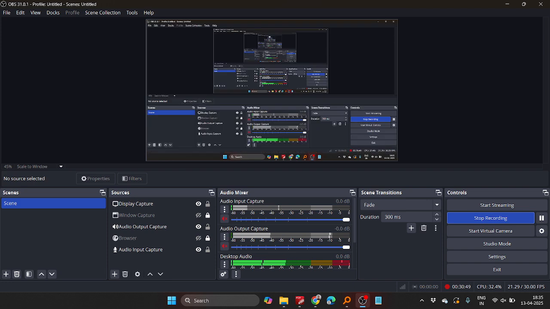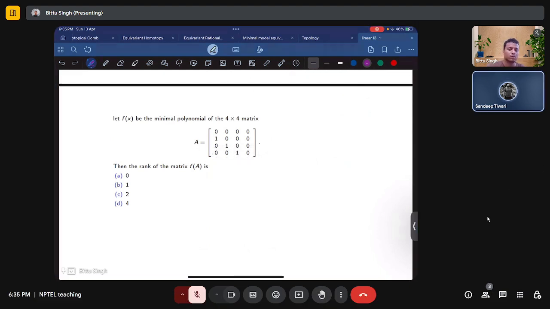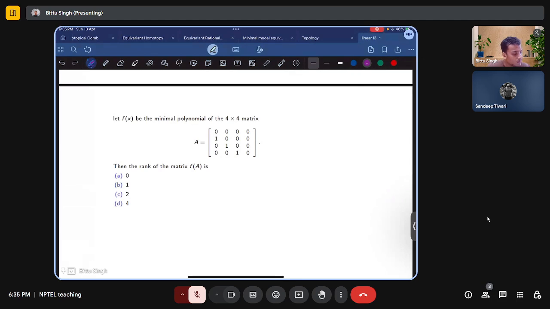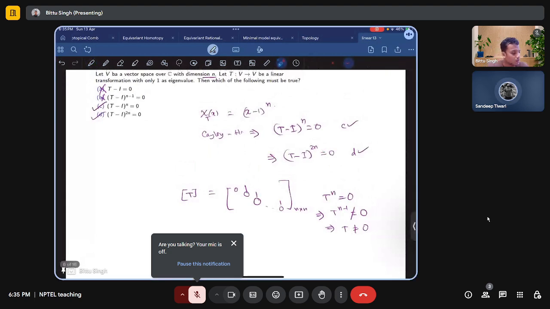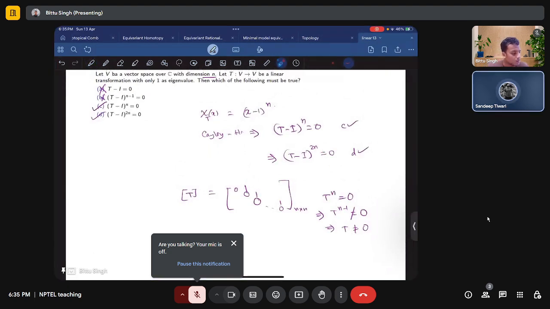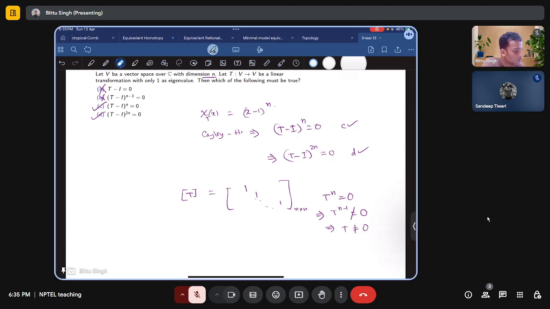Sir, I am unable to understand this. Which thing? The example you have given, sir. Okay. Sir, T has 1 as eigenvalue. Sir, you are taking T this. Sorry about that, those eigenvalues are 1.